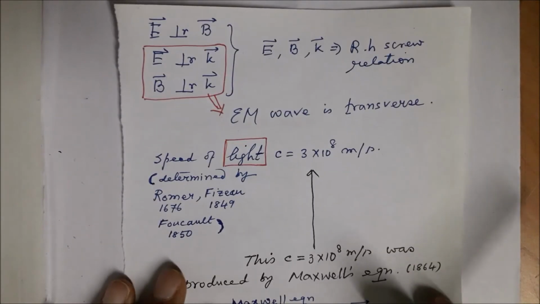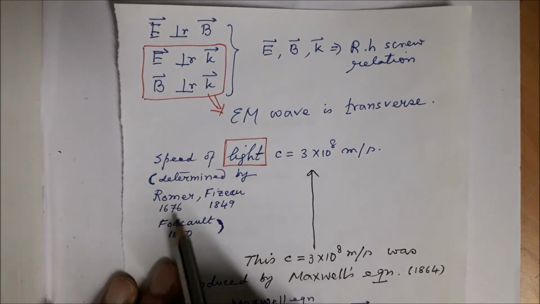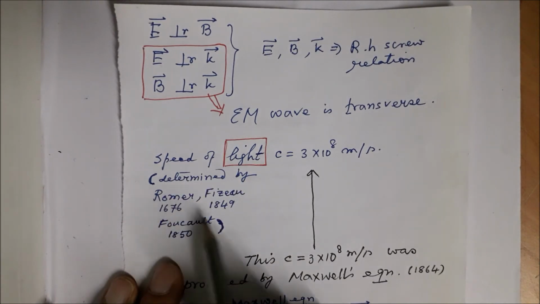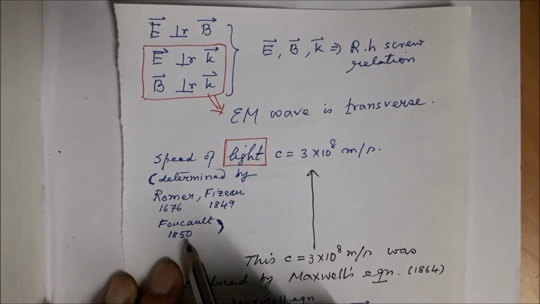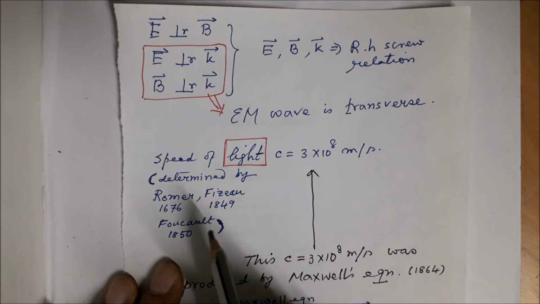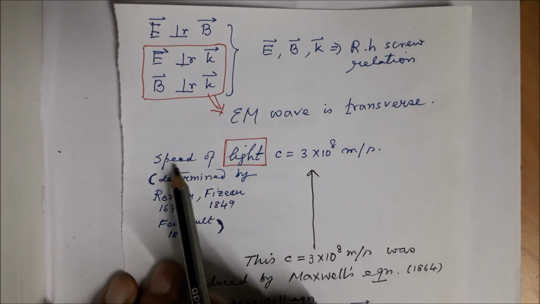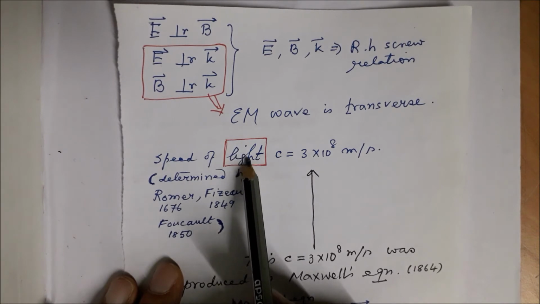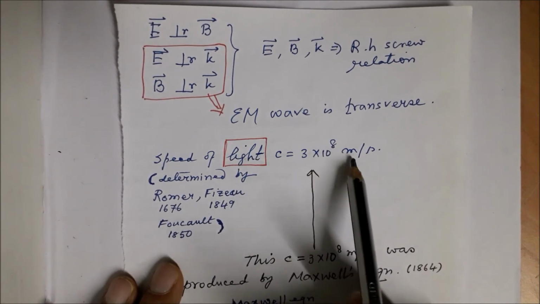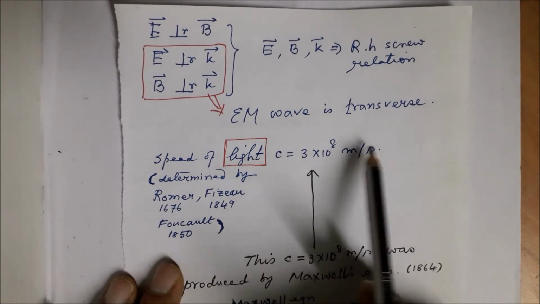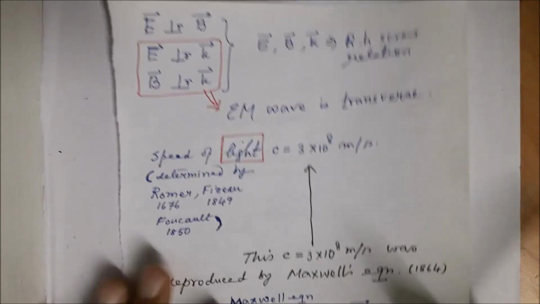Now an important thing is that in 1676 Romer, in 1849 Fizeau, in 1850 Foucault, and other scientists at other times determined the speed of light, and it turned out to be 3 into 10 to the power 8 meter per second, and is denoted universally by c.